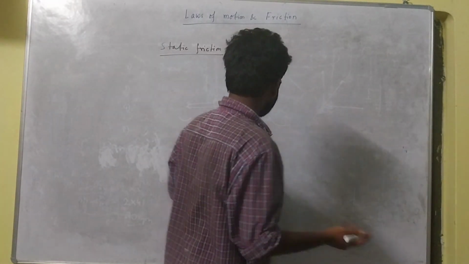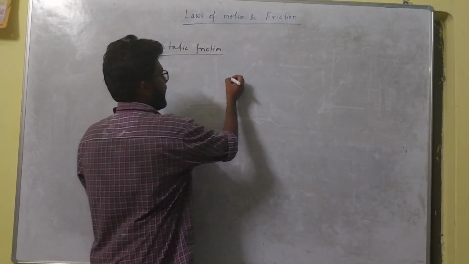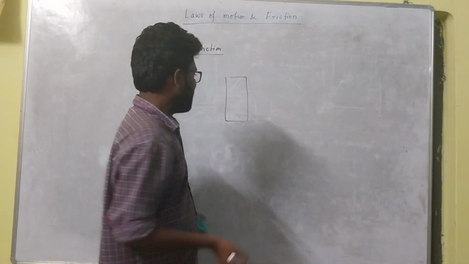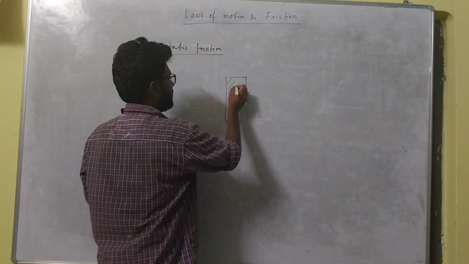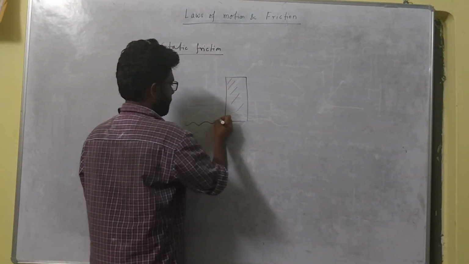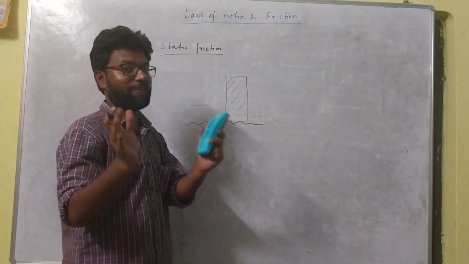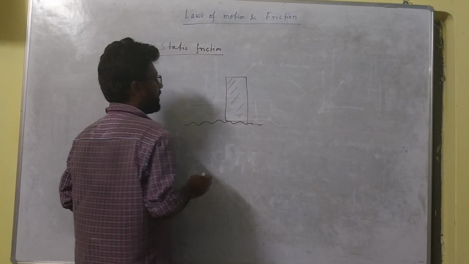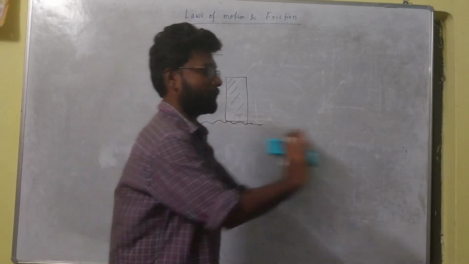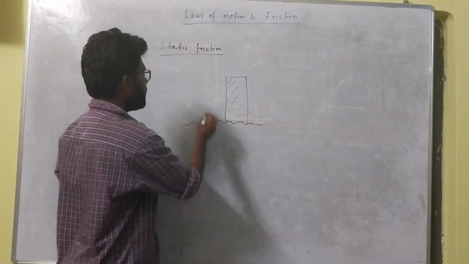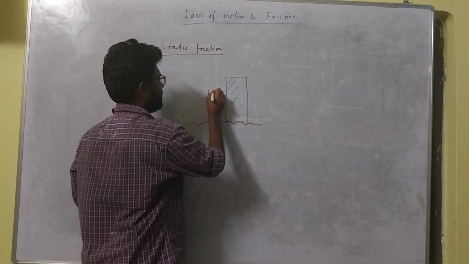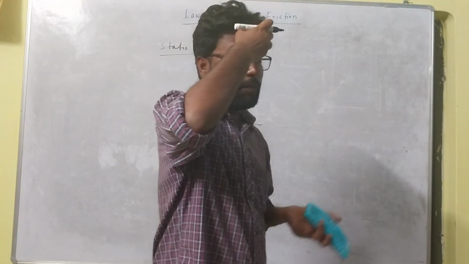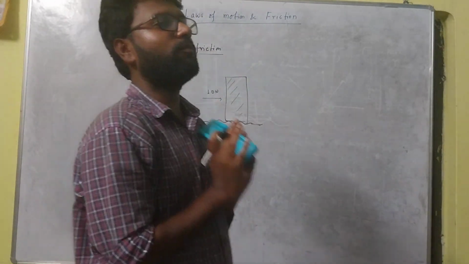Just imagine an almirah, a heavy object that stands on a rough floor. Now if I push the almirah with 10 Newton force, of course the almirah can't move.